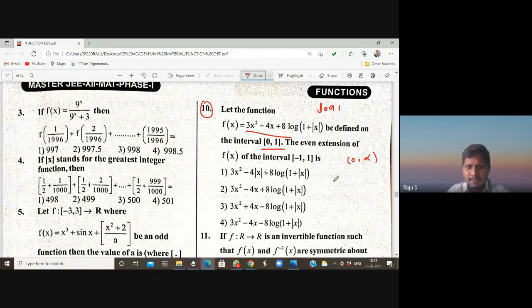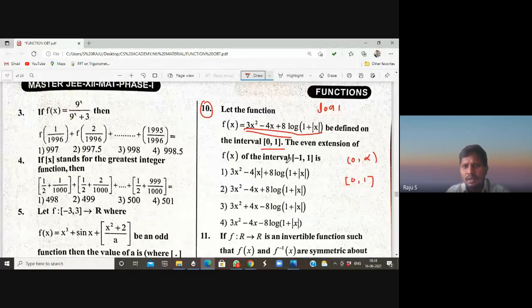When you replace here, what shall we do here? What they given here? The function they defined like this, and the even extension of f of x. When you see that even extension of f of x always here, what is the interval? 0 to 1.